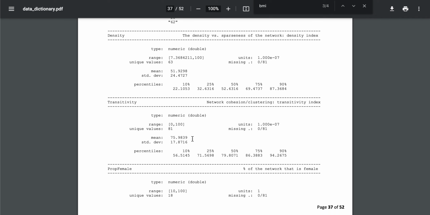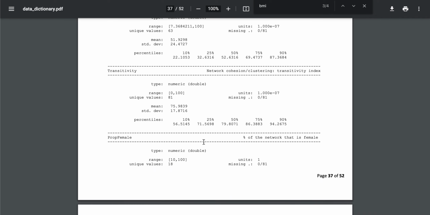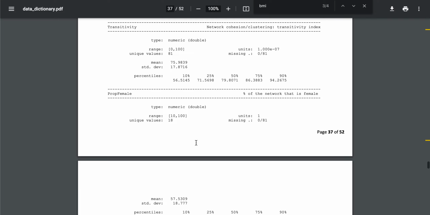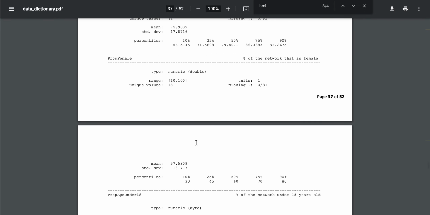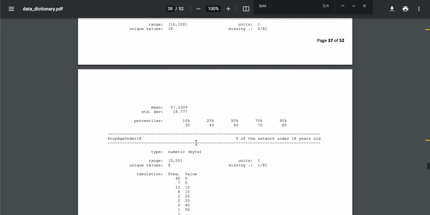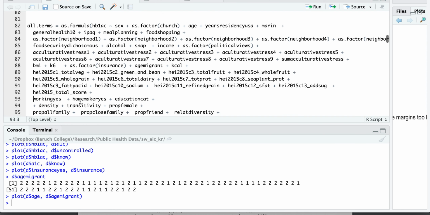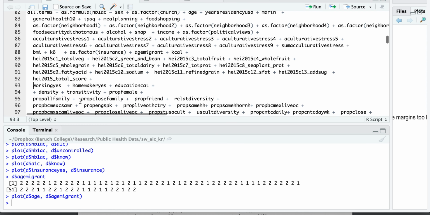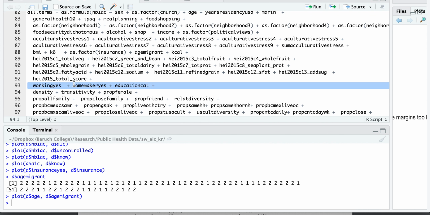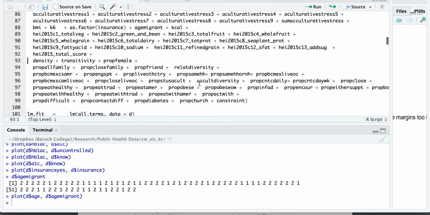Density, transitivity, prop female, prop under age 18. There's one missing, so let's just look at this for a second. These don't belong here, so just take them down because we are somewhere else.